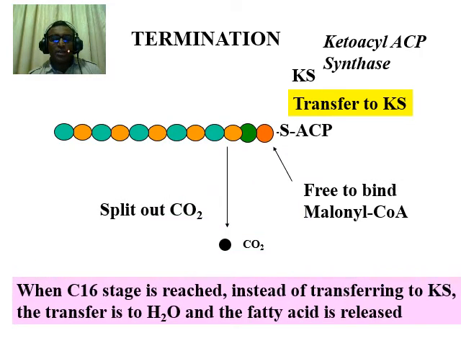So that causes the product release of the palmitic acid by fatty acid synthase. So here the whole process is repeated again with a different animation slide so that you can understand better, compared to the other one which uses the old transparency.